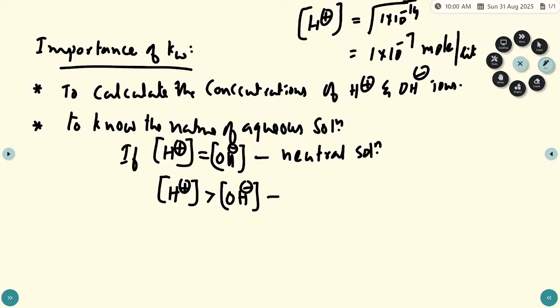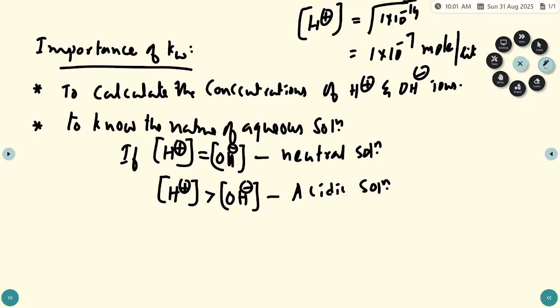Acid or base? Acid. So the concentration of H plus ions is more than OH minus ions, so the aqueous solution is acidic.